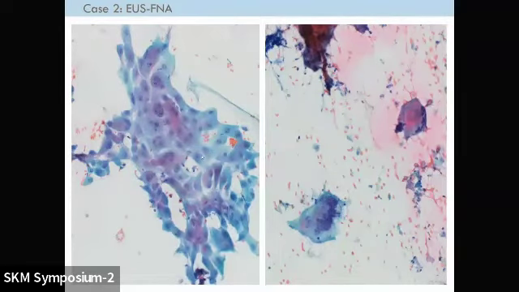There's some nuclear size variation, but overall, the impression that we get from this morphology is that it is more reactive looking rather than neoplastic. Also associated with this epithelium, we saw a few giant cells.